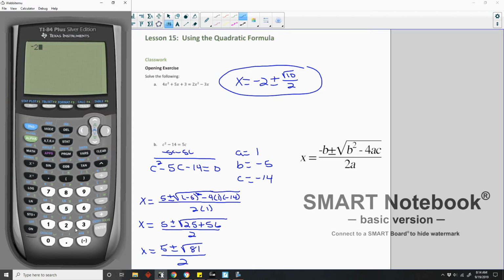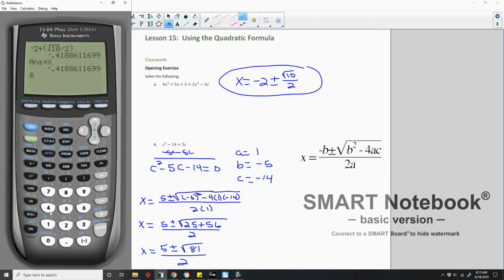So I would say negative 2 plus parentheses for that fraction, the square root of 10, get out of the radical, divided by 2. That's how I enter that in the calculator, and I hit enter. That gave me a decimal approximation. I want to store that number as my x and hit enter. Now the calculator saved that as my x.